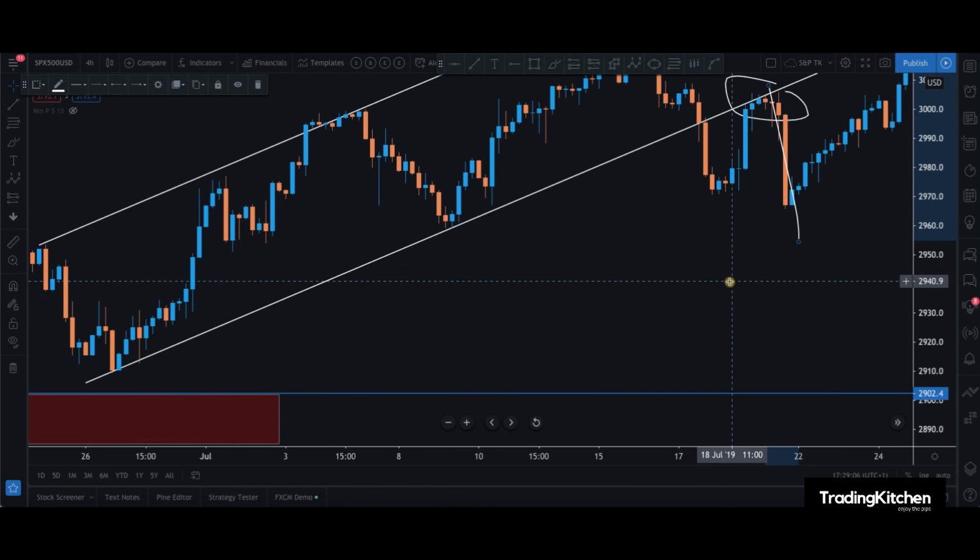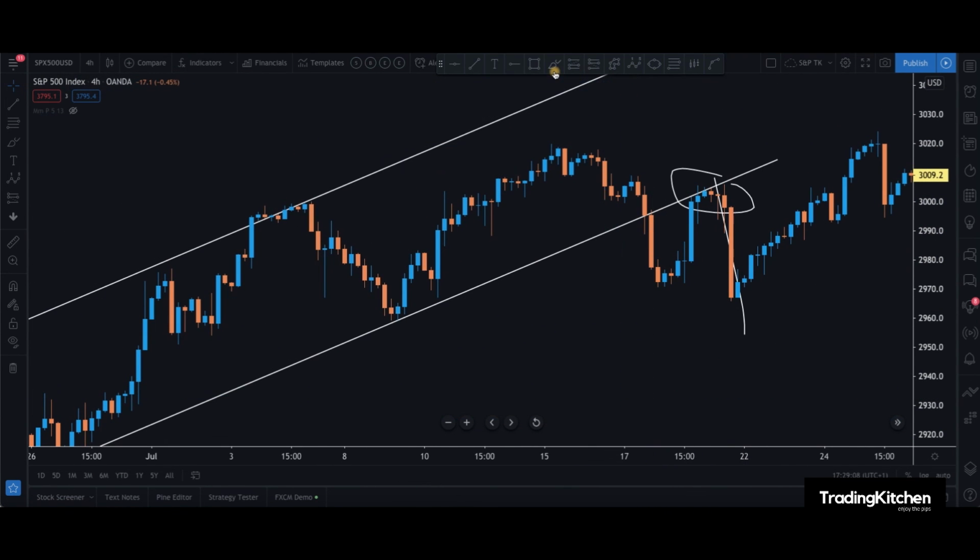Okay, and this could be a valid entry for sure, because here we have an engulfing. So it means that here sellers are very, very powerful.